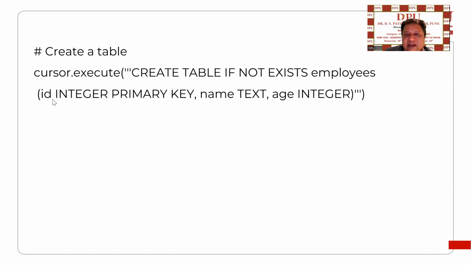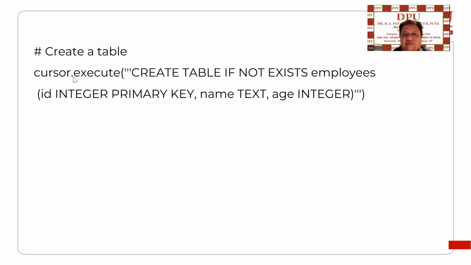So here I have defined the ID column with the data type integer, with the constraint PRIMARY KEY, comma. I want to create one more column, with the attribute name name, and its type is text, so that I can enter text in the name column. Then I want to create one more column, age, and its type should be integer.